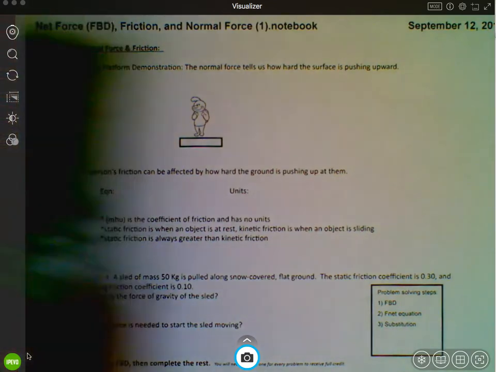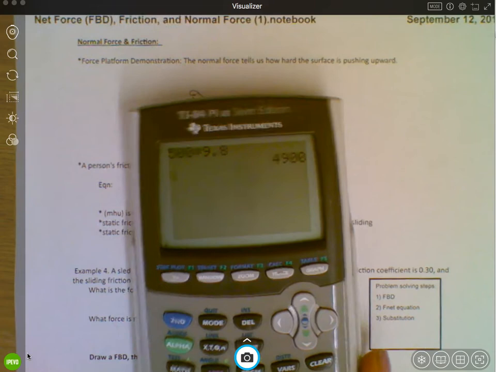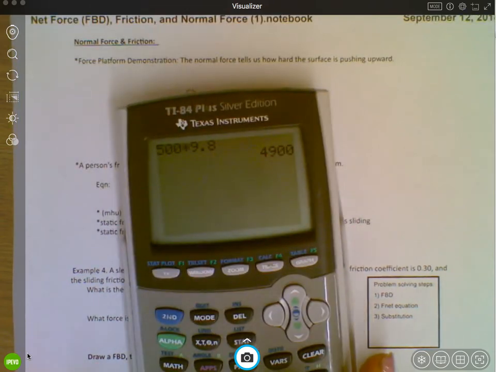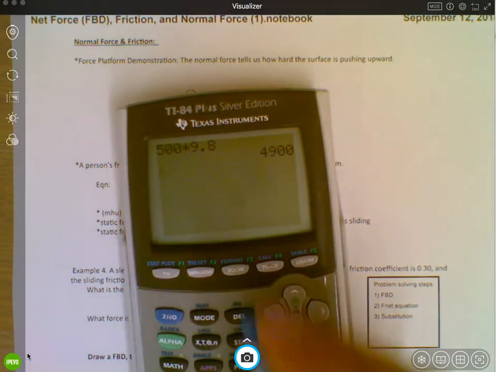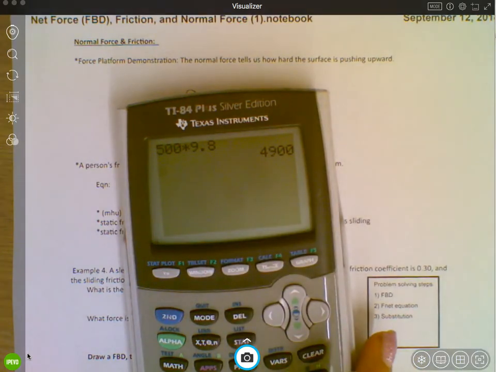So right now my calculator is sitting on my desk, and there is a force of gravity on my calculator. Obviously it has weight, so gravity is pulling it down. And the reason it doesn't fall through the table is because the table is exerting a force back up on the calculator in the perpendicular direction, so straight back up. And that force is called the normal force, okay?